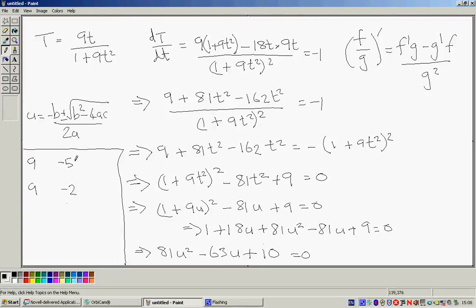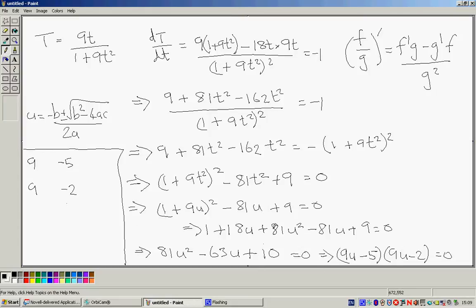But in reality it's a process of trial and error, because 81 could also be factorised as 3 times 27, 10 could also be factorised as minus 10 times minus 1, and so on. But this allows us then to say that this factorises as 9u minus 5 times 9u minus 2 being equal to 0.